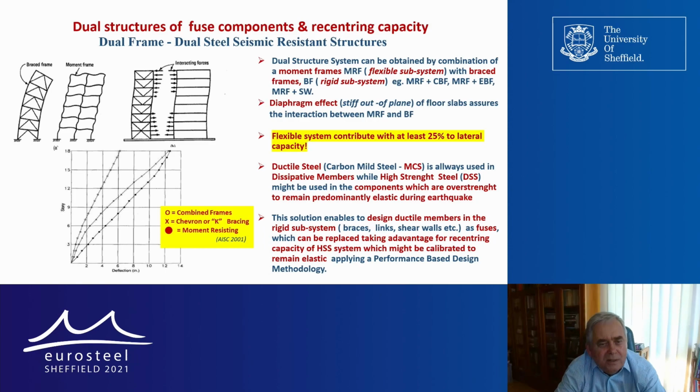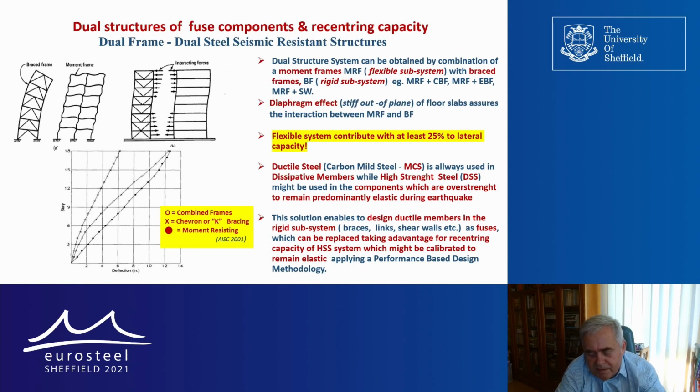But to consider we have a joint action from both systems, we need to have also a participation of the moment resisting frames, and this has to be at least at the level of 25% of the lateral resistance demand.